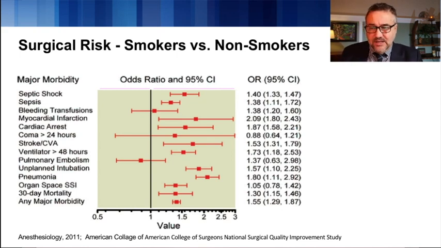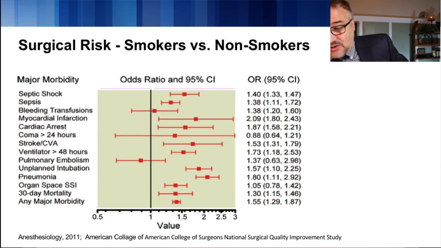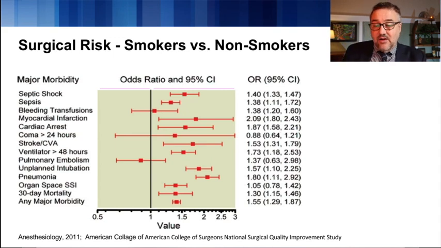Some of the big ones are septic shock, sepsis itself, transfusions, MI, cardiac arrest, coma, being put on a ventilator after surgery, pulmonary embolism after surgery, unplanned intubation after surgery, pneumonia, and then mortality and all major morbidity.